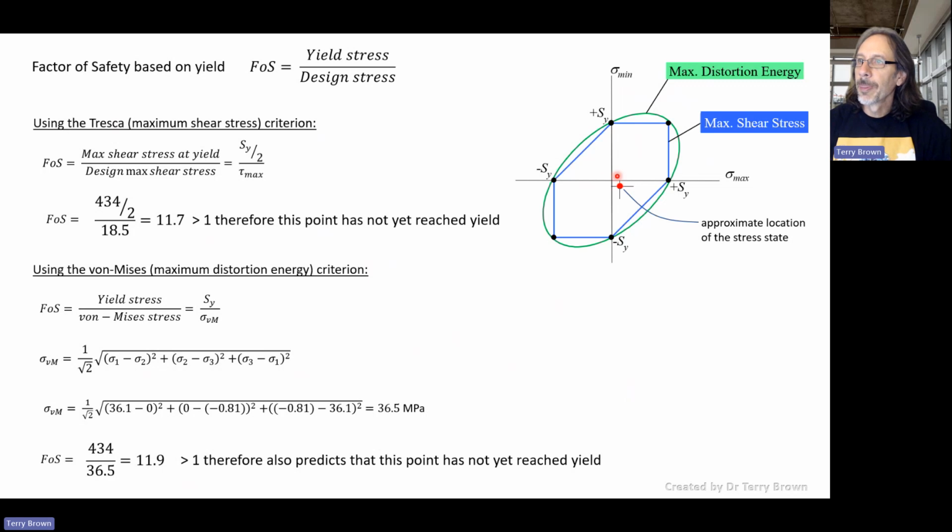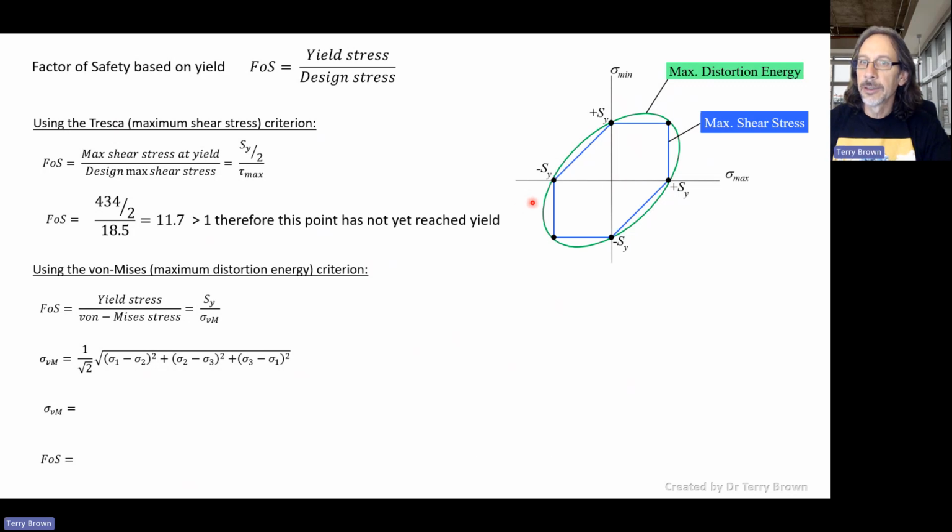If we plot that on this diagrammatic representation of the maximum distortion energy and the maximum shear stress criteria, we can see that we get this point here. Along these axes, we have the maximum principal stress along the horizontal axis and the minimum principal stress on the vertical axis.